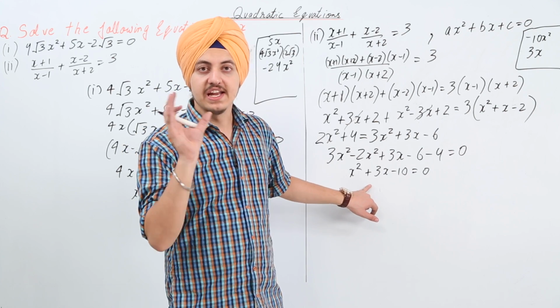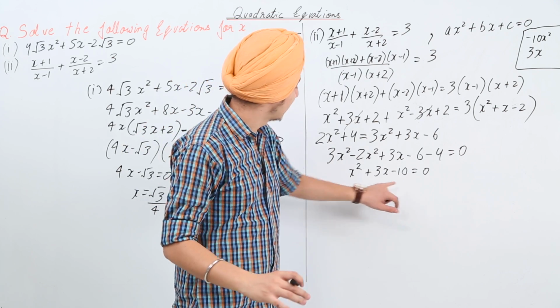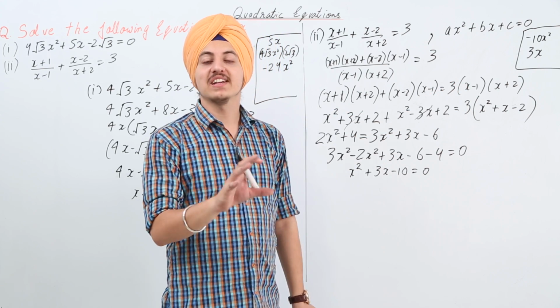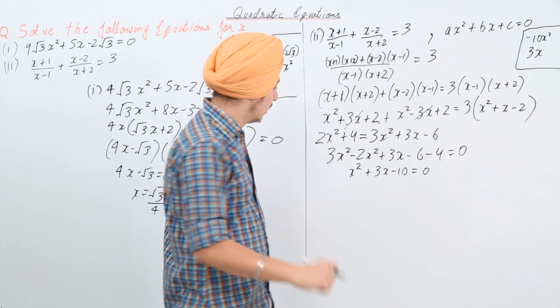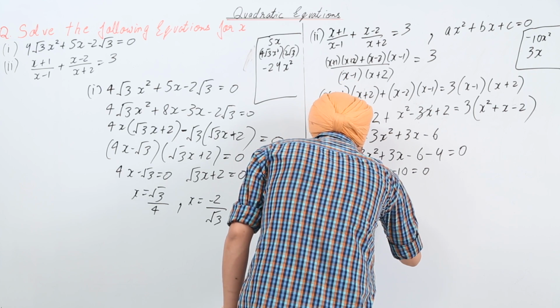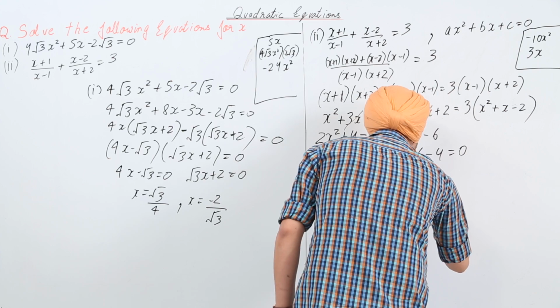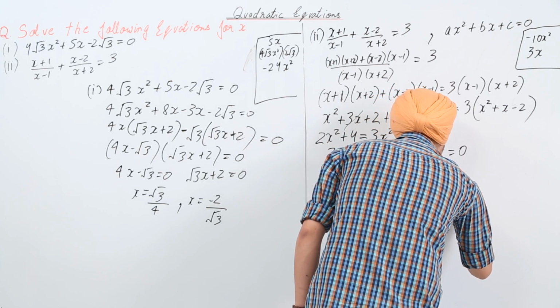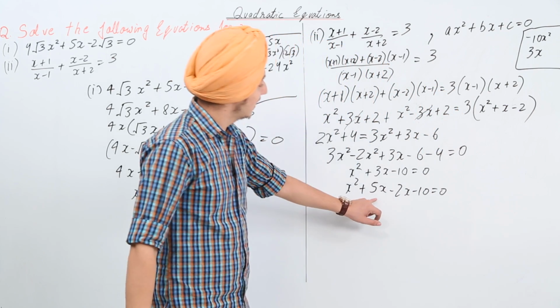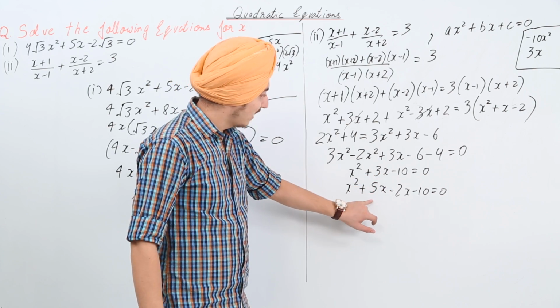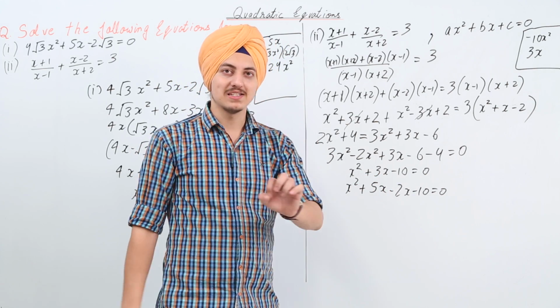So 5x into -2x is equal to -10x², and 5x minus 2x is equal to 3x. So we have x² + 5x - 2x - 10 = 0.